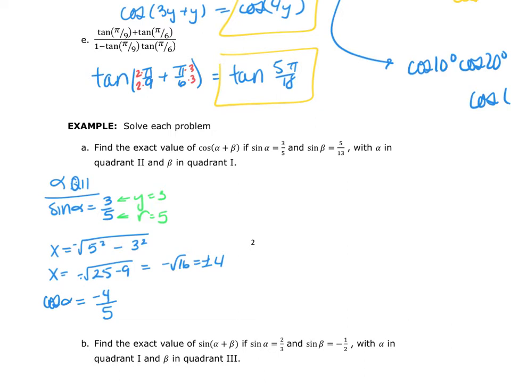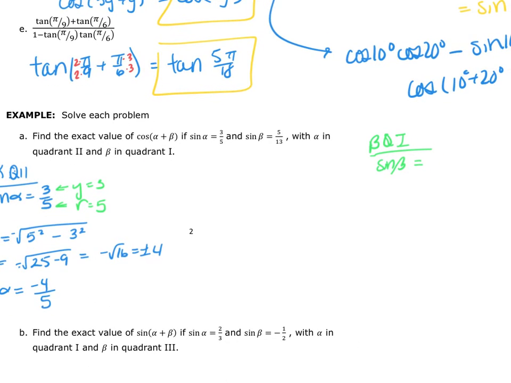Now I'm going to do the same thing with beta. Beta is in quadrant number 1. So that tells me everything is positive. So I have the sine of beta is equal to 5 over 13. That tells me that y is 5, r is 13, and I'm chasing the cosine of beta, which is the x value over the r value.